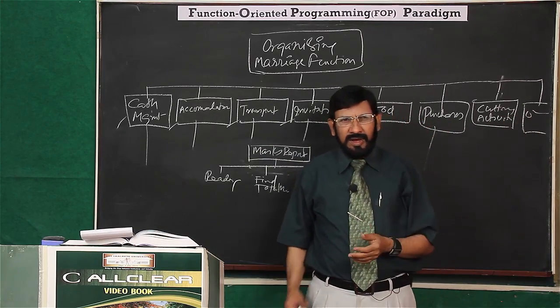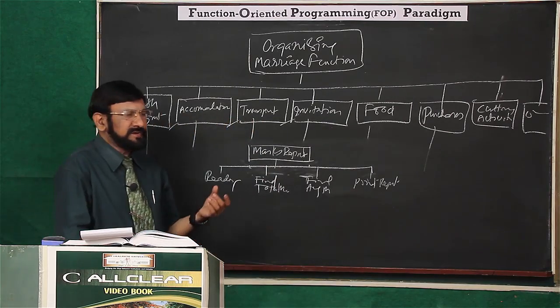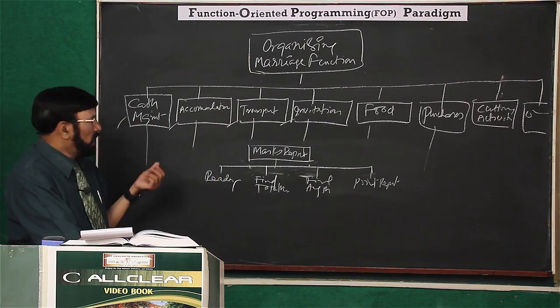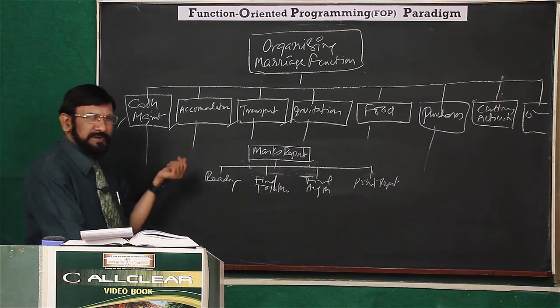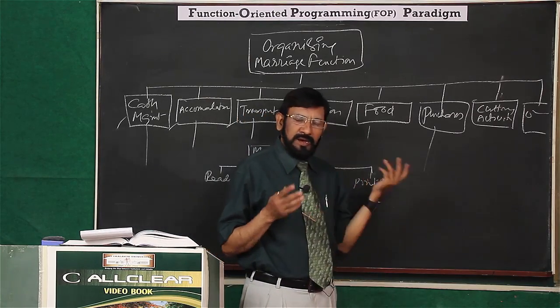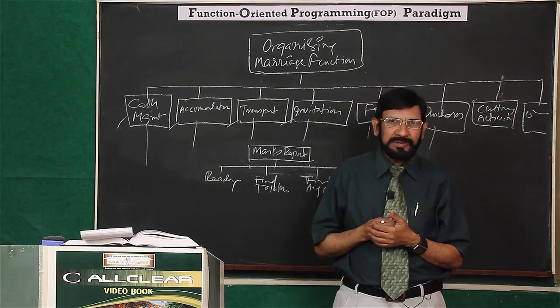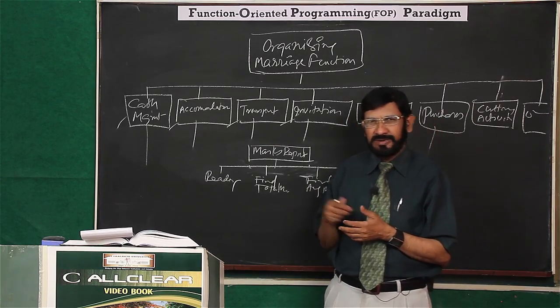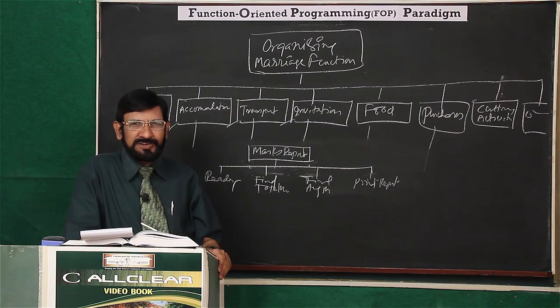After identifying the subtasks, what are you doing? You are entrusting them to specialists. One is a specialist in cash management, another in accommodation, another in transport, another in invitations, another in food. Like that, in C language you appoint specialists, and all these specialists are called functions.